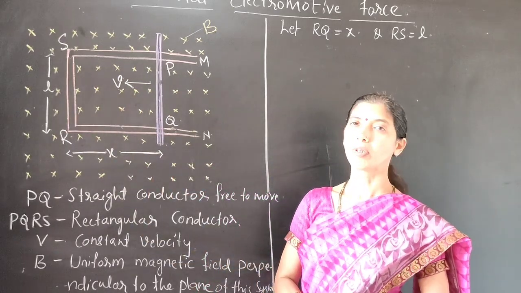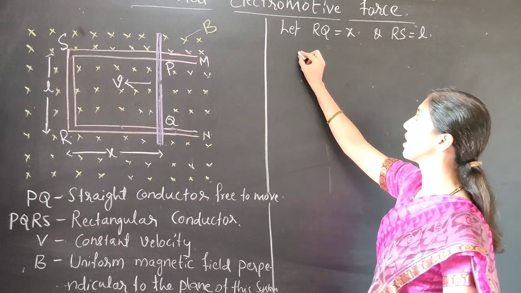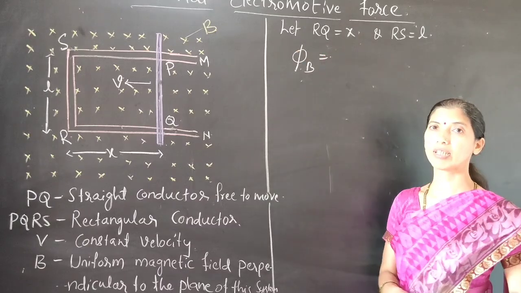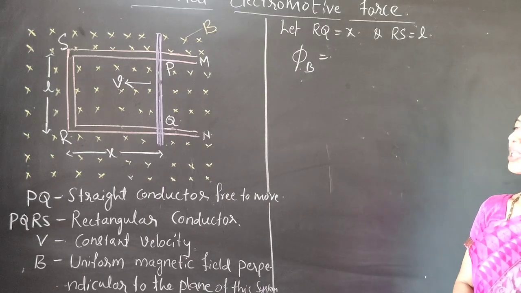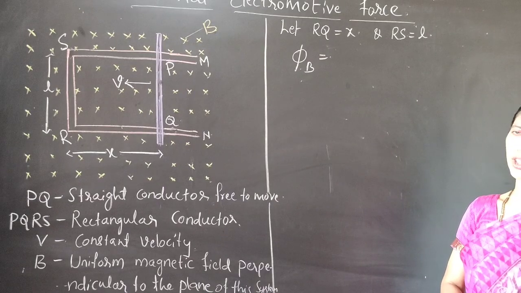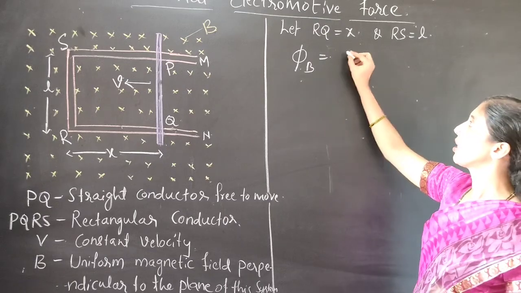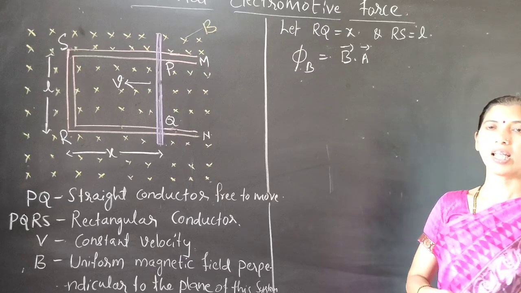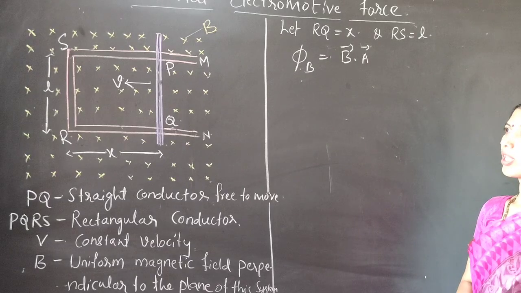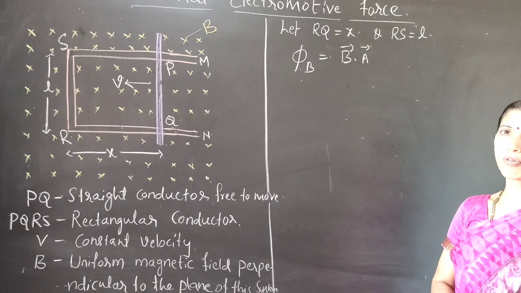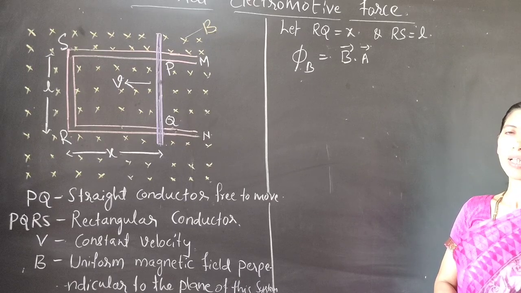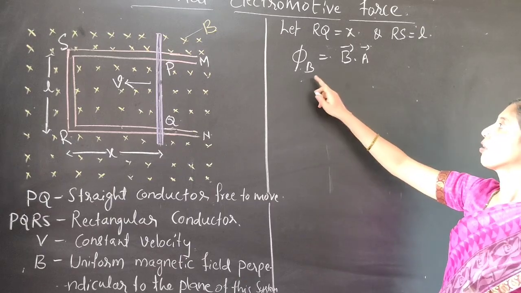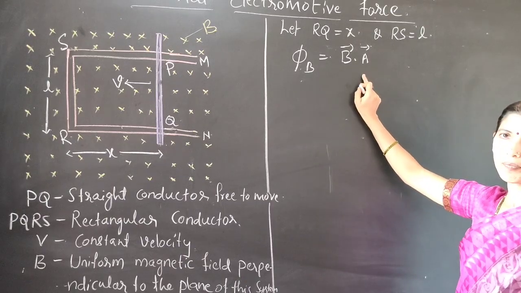In a closed loop, the magnetic flux is phi B. In our last video, we discussed the magnetic flux in Faraday's law of electromagnetic induction, that is phi B is equal to B dot A, or BA cos theta. Here the maximum flux is produced when theta is equal to 0, cos 0 is 1, therefore phi B is equal to B dot A.